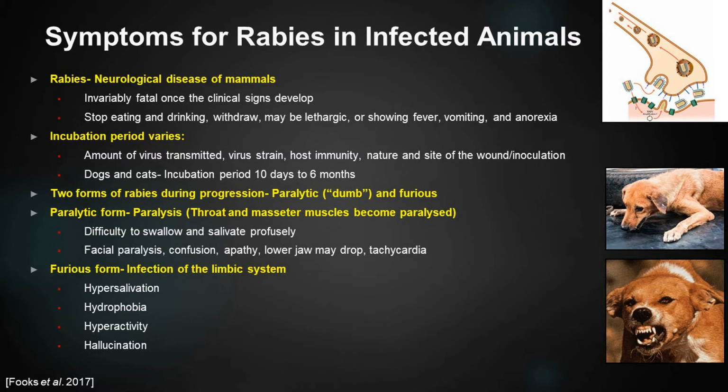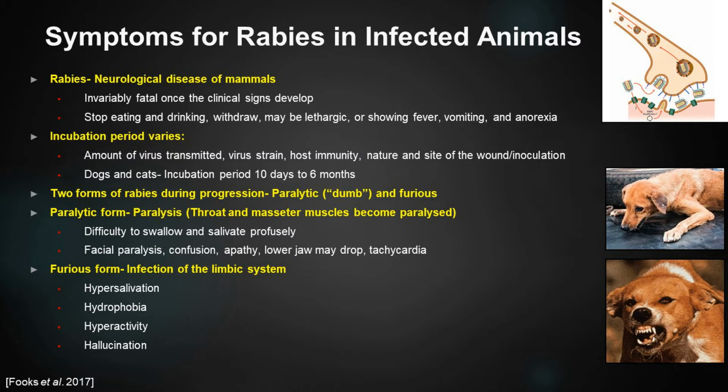In dogs and cats, the incubation could vary from 10 days to 6 months. The disease could progress in two different forms. The first one is the paralytic form. It could cause paralysis in the animal, so the animal might have difficulty to swallow and salivate profusely. Also, facial paralysis, confusion, apathy, lower jaw drop, and also tachycardia.